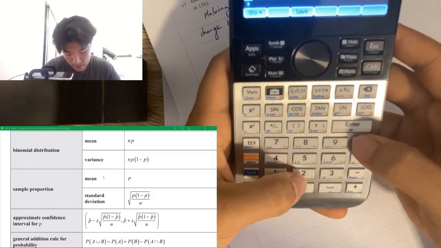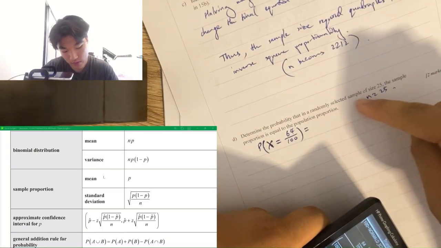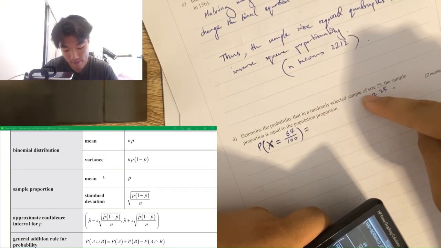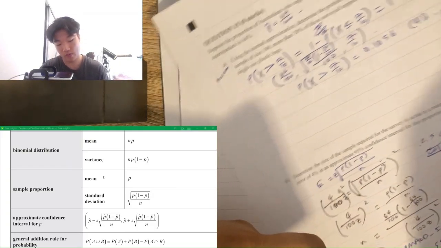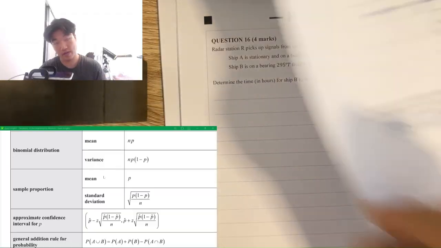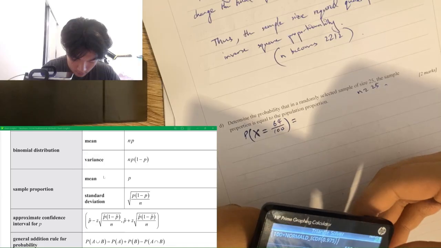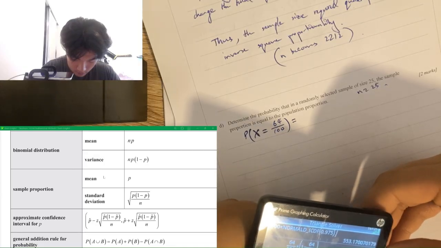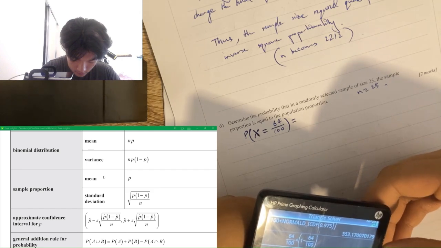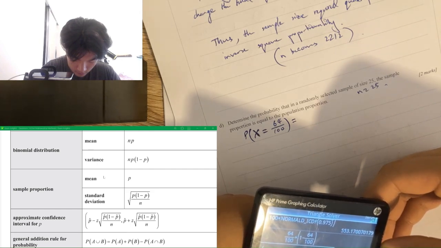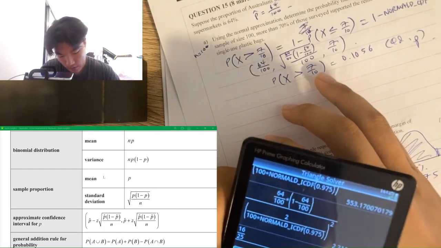Okay, 16 out of 25. 16 out of the people in this sample need to have selected the removal of single-use plastic bags. Okay.